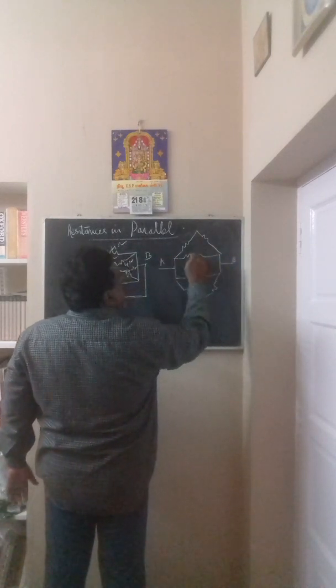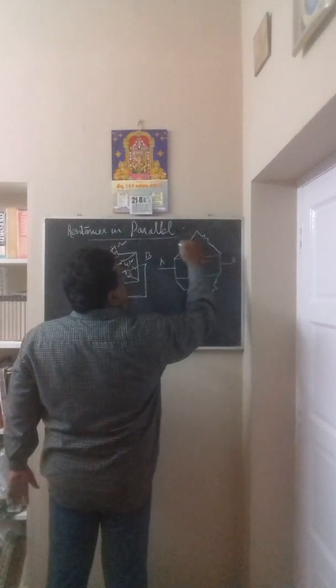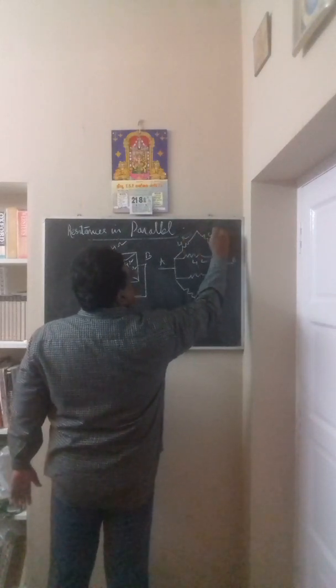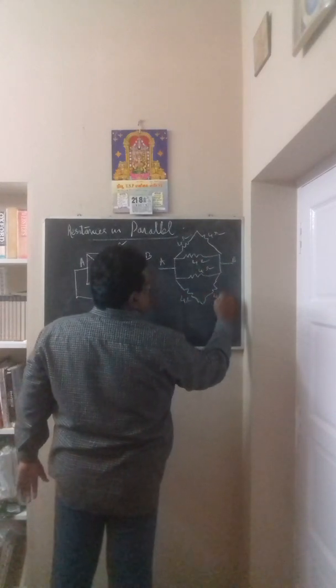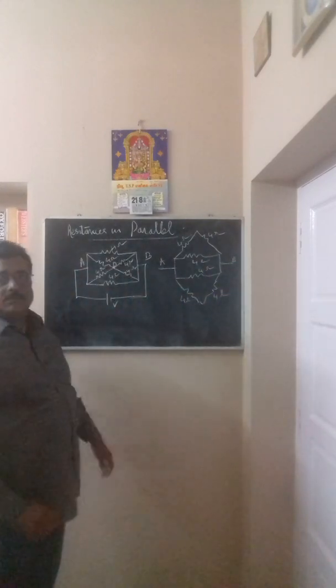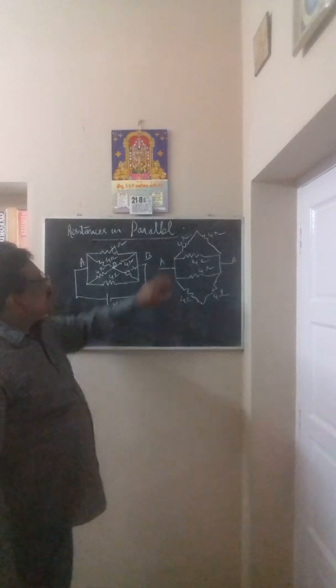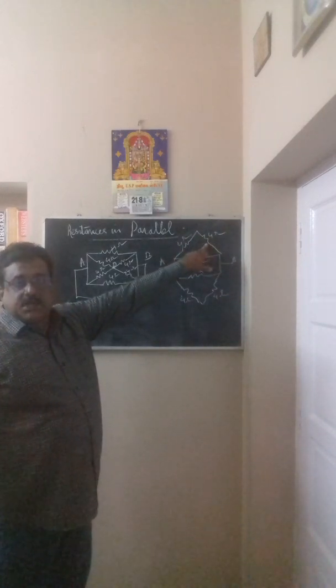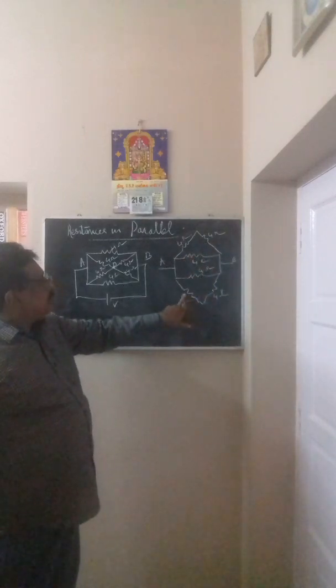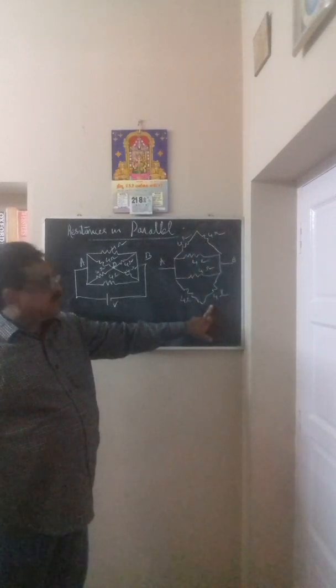Across AB, it will be like this. So now you see these two resistances on the top, 4 ohms and 4 ohms, they are in series. The bottom 4 and 4, they are in series.